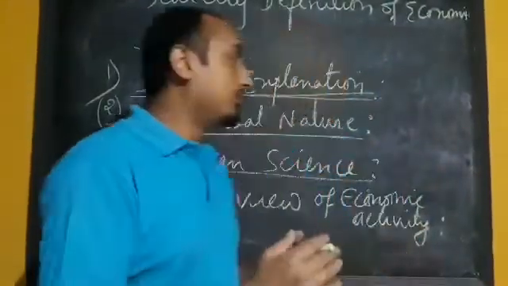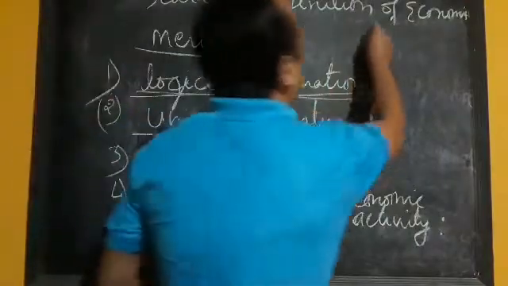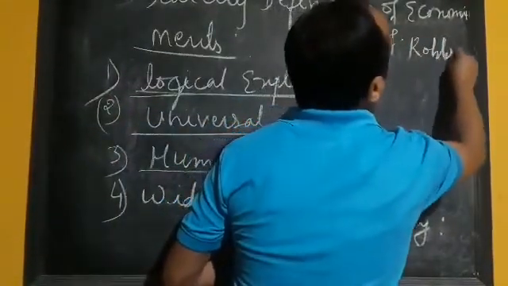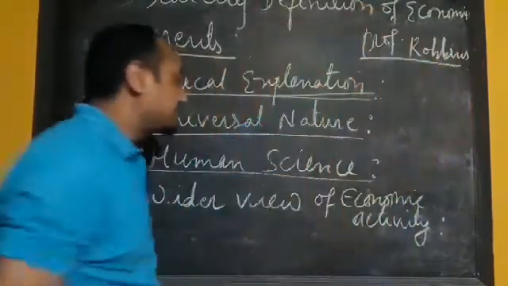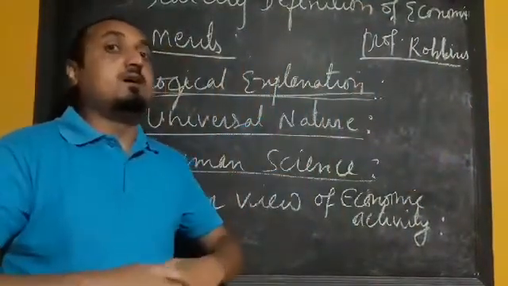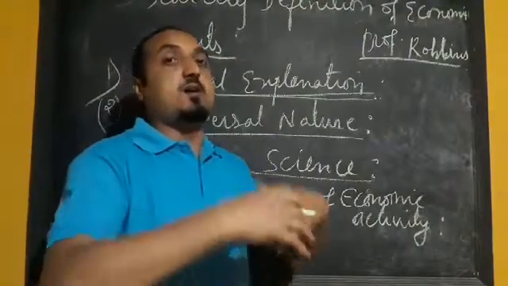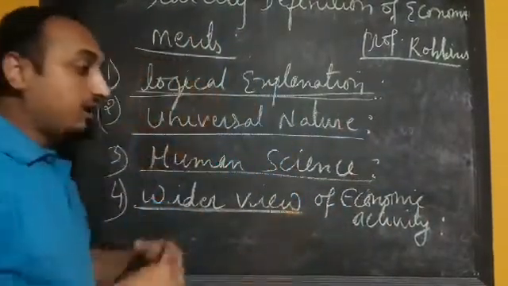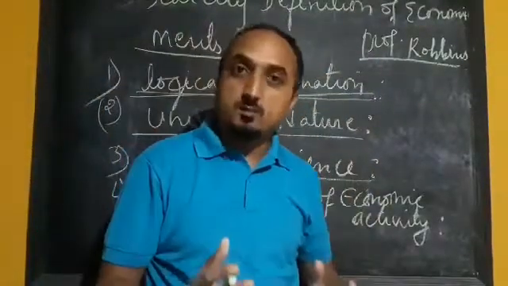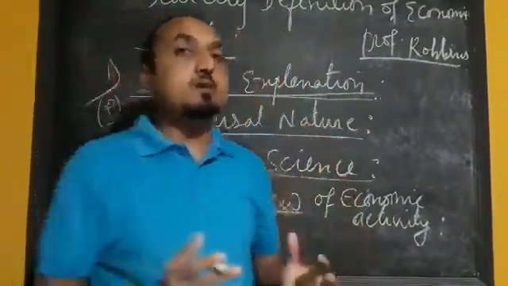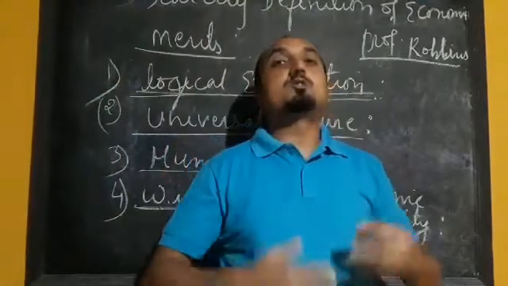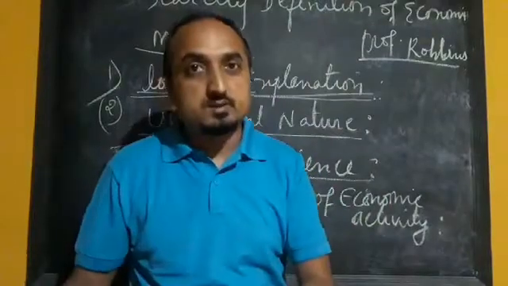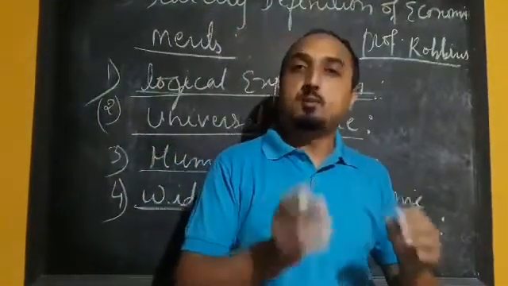But according to Professor Robbins, economics is explained in a wider view. He has broadened the concept of economics, and he has mentioned that whether it is related to the production of tangible goods or various types of services, all are part of economic activity.